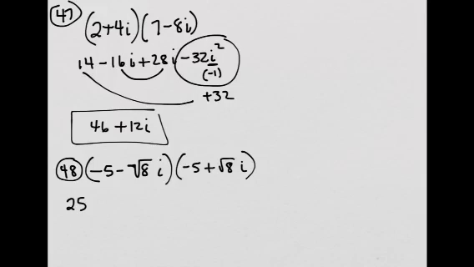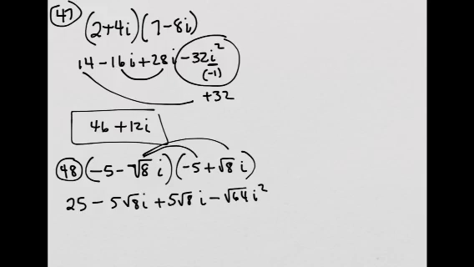Negative 5 times square root of 8i would be negative 5 radical 8i. And then I move on to this one right here. That would be positive 5 radical 8i. And then here would be negative square root of 64 i squared.